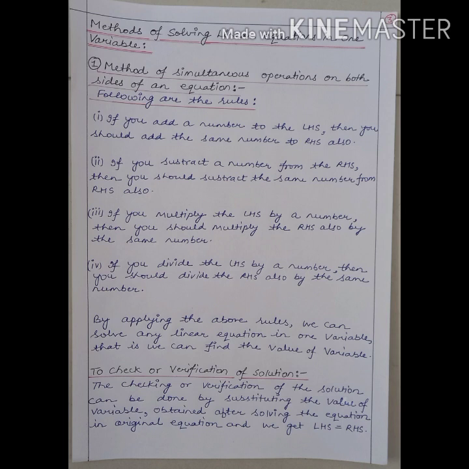And similarly, if we divide the left hand side by any number, then we should divide the right hand side also by the same number. It means whatever operation, addition, subtraction, multiplication or division, we do on the left hand side, the same operation we have to apply on the right hand side also. By applying these rules, we can solve any linear equation in one variable.